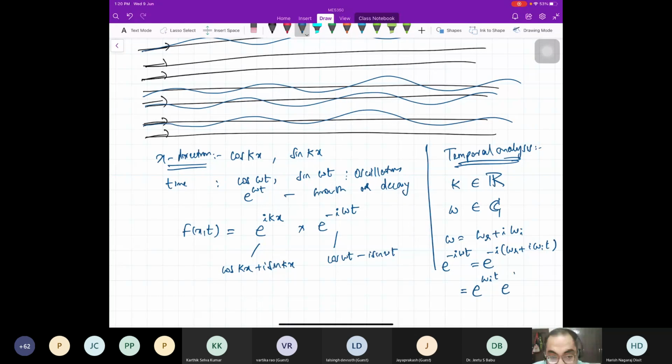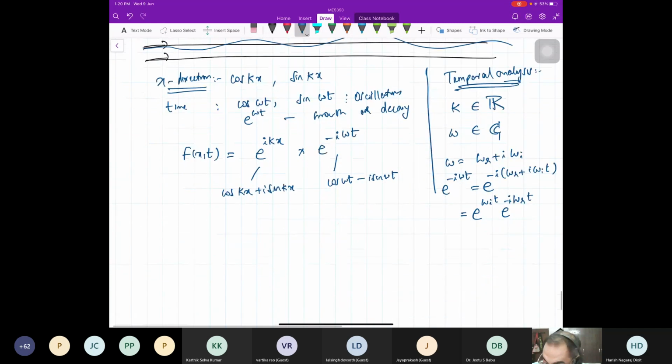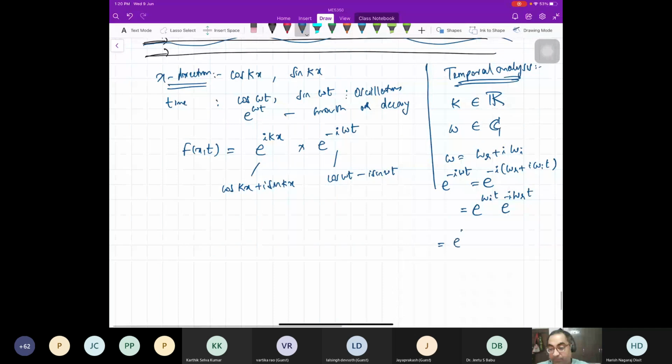I have e to the power omega i t times e to the power minus i omega r t, which gives cos omega r t minus i sin omega r t. So this is the growth or decay part, and this part is the oscillating part.